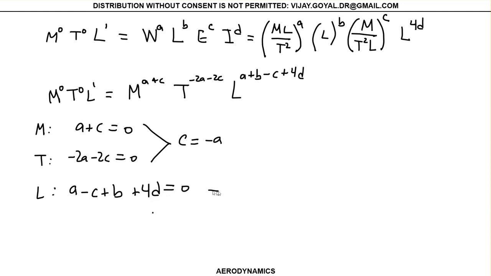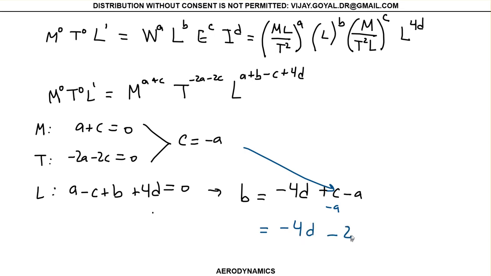I chose to solve this for B. B is equal to minus 4D plus C, and this minus A. We know from here C is minus A, so this thing becomes minus 4D minus 2A.